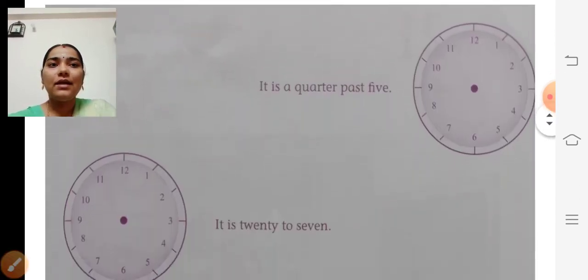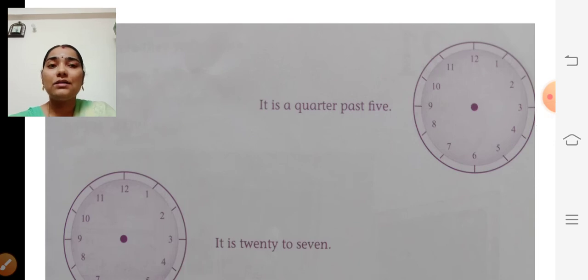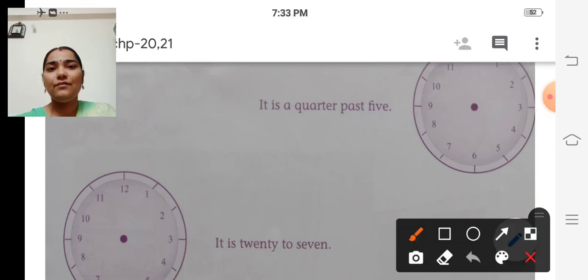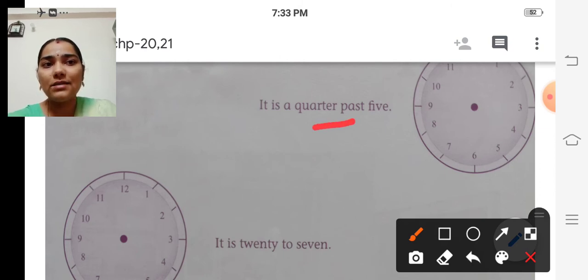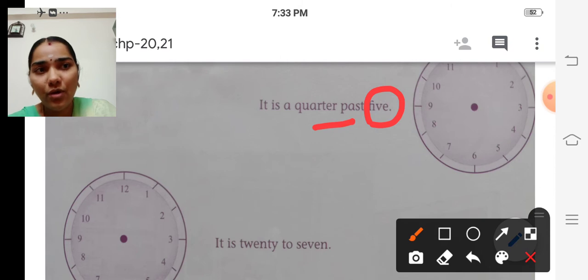Next one is, it is 5:15. So here they have given quarter past. So 5 is the present hour, isn't it? So the hour hand should be at 5.